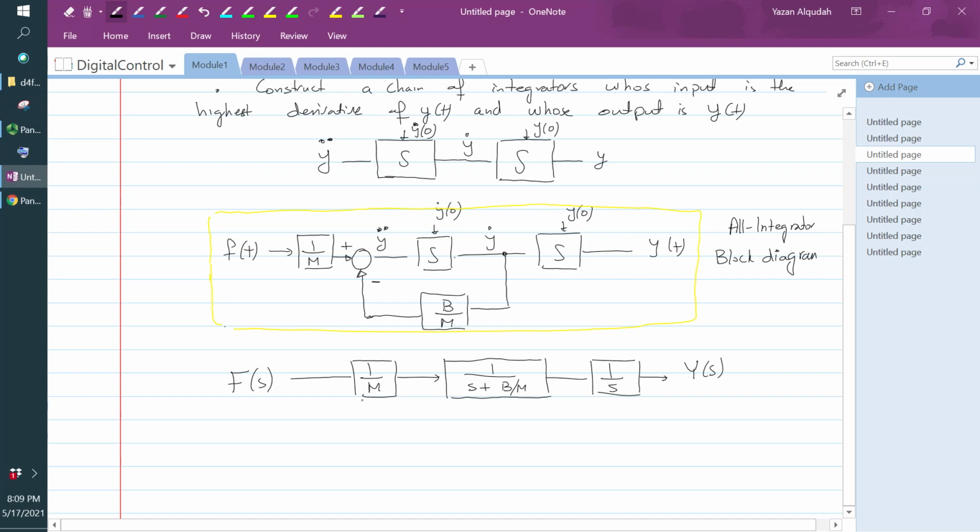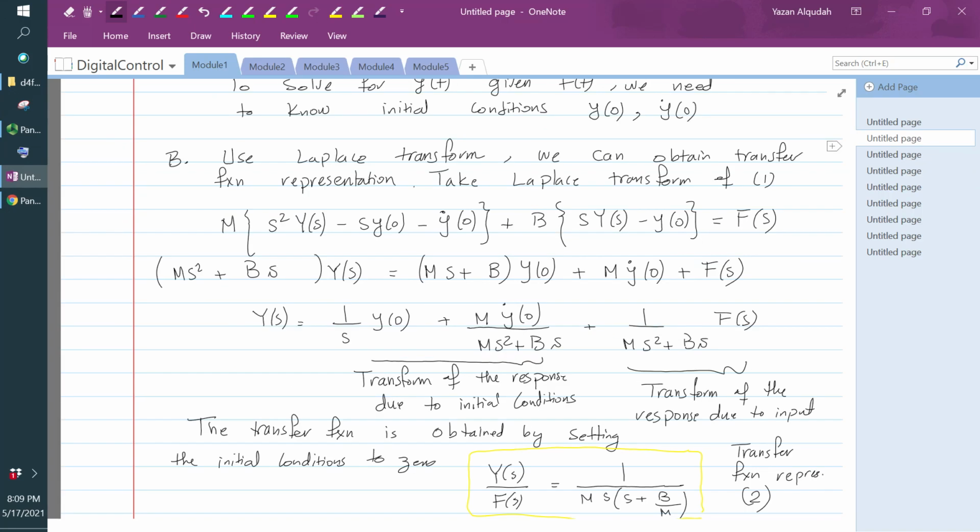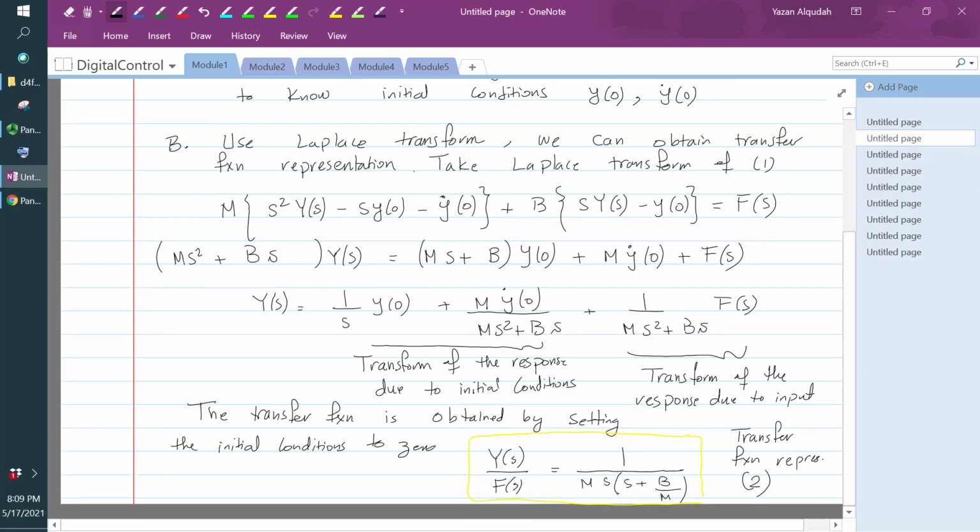If I multiply 1 over m by 1 over s plus b over m by 1 over s, I get again the transfer function that I obtained here. This is nothing other than the transfer function that I have here.